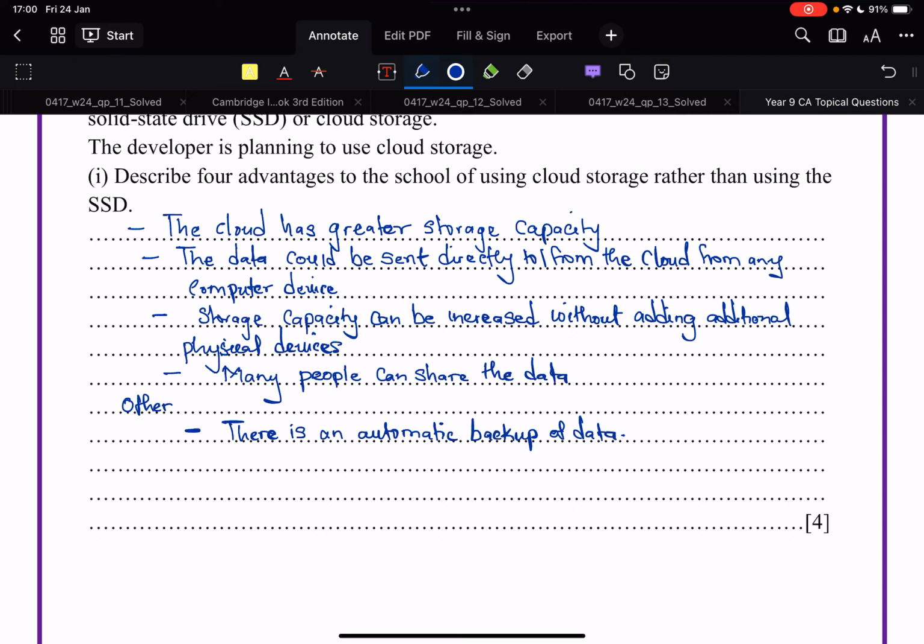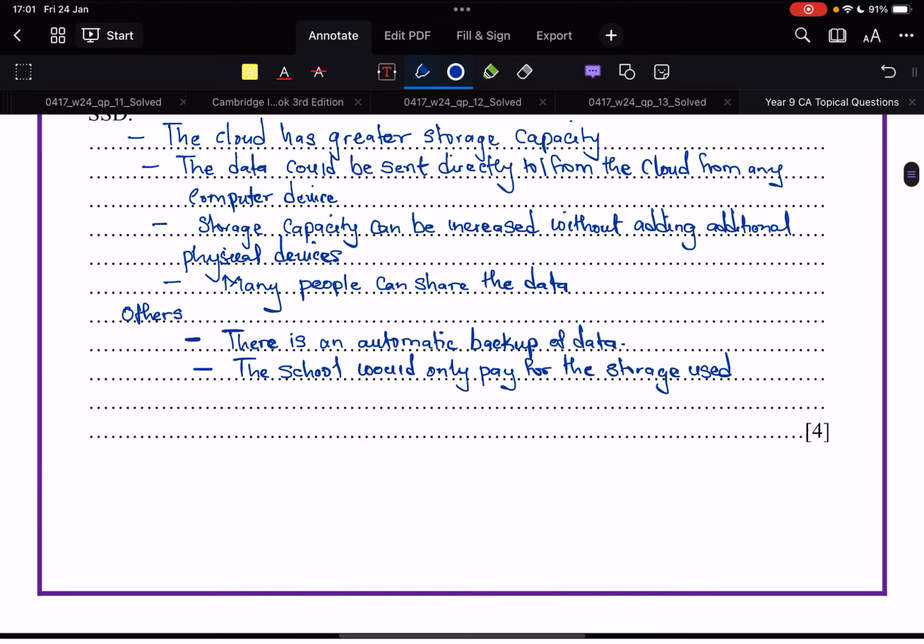One key thing I want to talk about is that the school would only pay for the storage used, which is very important. So instead of just buying extra and extra, they would just pay for only that storage that is used. Which is actually very good.